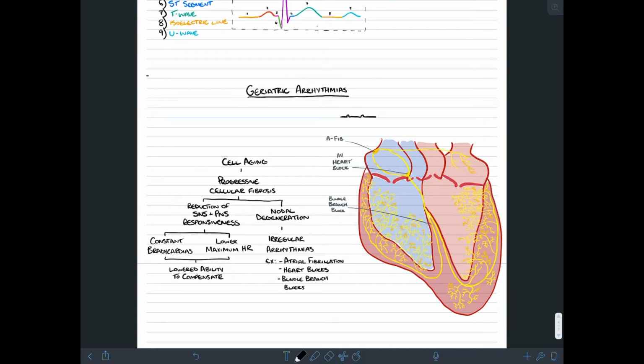We'll see our P waves, which is our SA node actively kicking out a normal electrical current at the rate that it needs to. As AFib occurs and as the nodal degeneration occurs, it has a hard time creating this current and sending it out. So what we might see instead of our P waves is this. Obviously the QRS is involved, but at this point I'm just trying to show you atrial involvement.